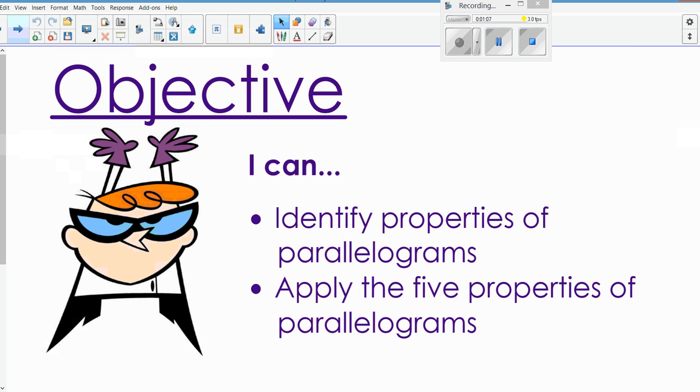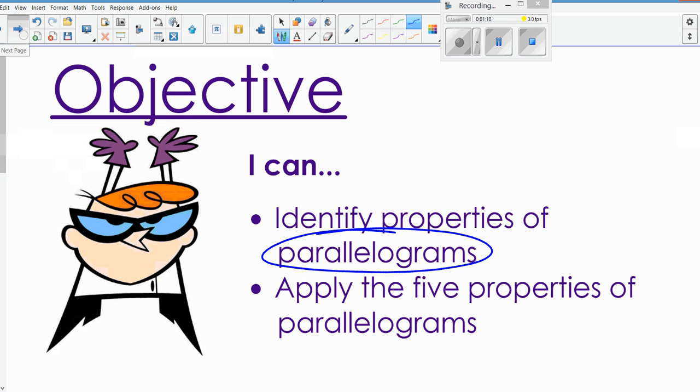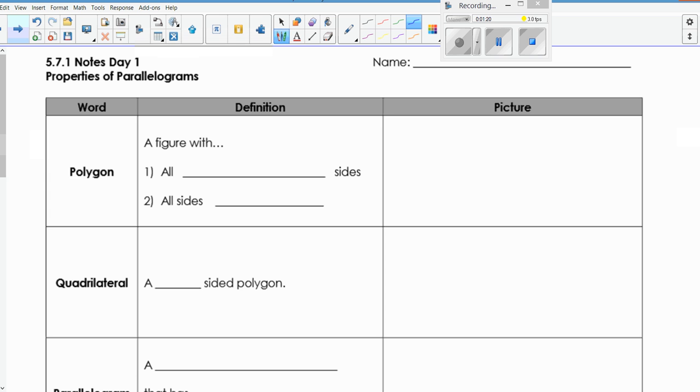Alright, so your objective is that you can identify the properties of parallelograms and that you can apply the 5 properties of parallelograms. Okay, so just parallelograms is what we're focusing on. Okay, so to start off with, let's talk about what it means to be a polygon. A polygon is a figure with all straight sides.